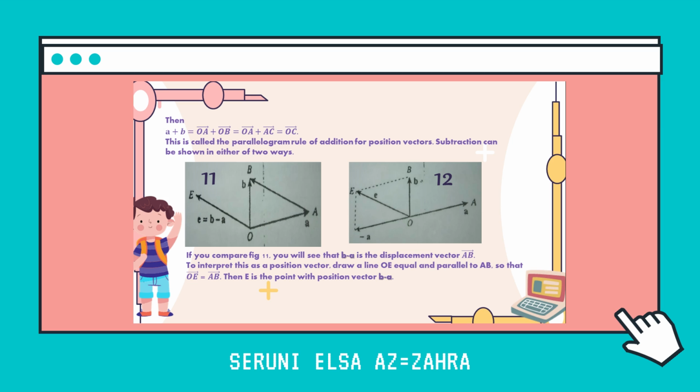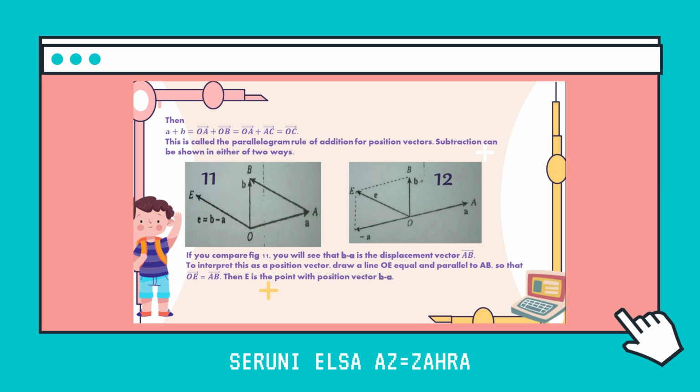Subtraction can be shown in either of two ways. If you compare figure 11, you will see that b minus a is the displacement vector AB.